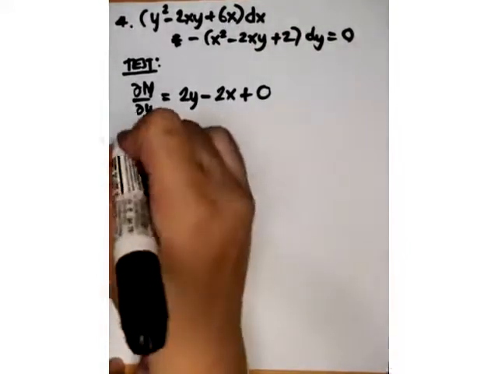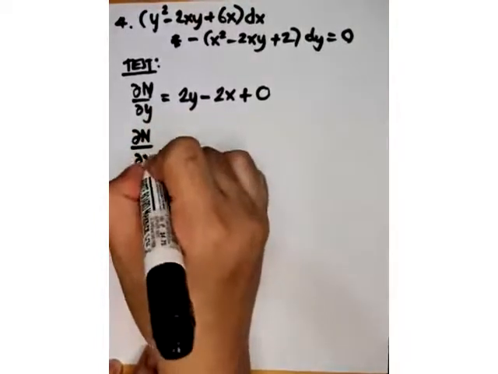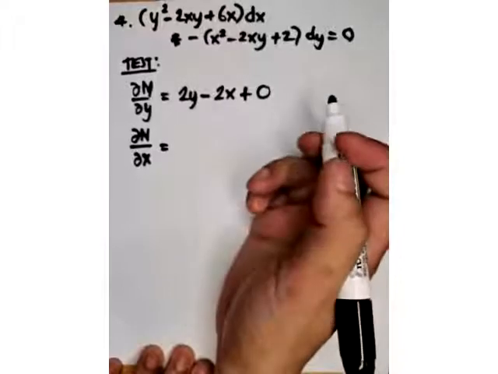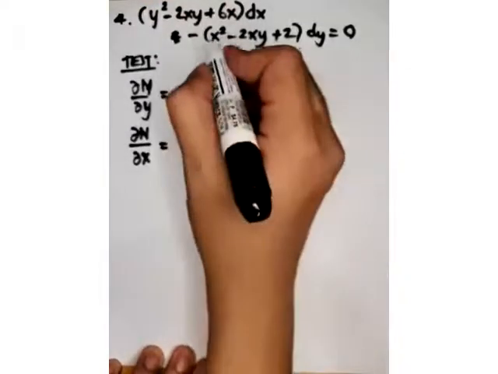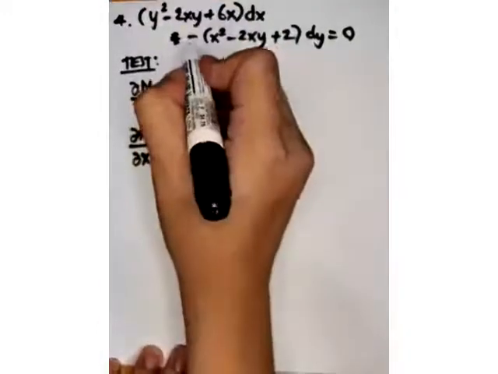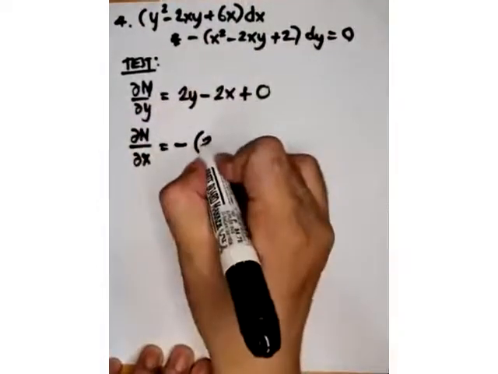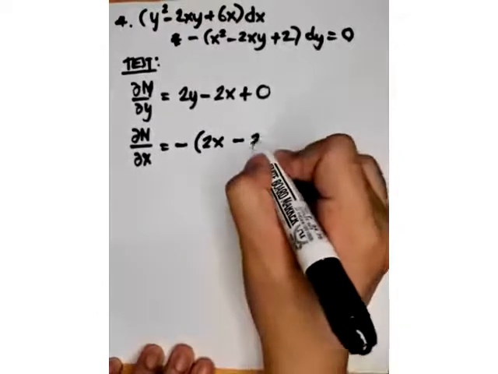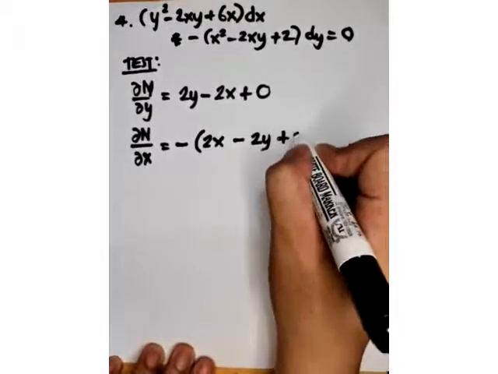Okay. Next, partial derivative of N with respect to x. So, lahat ng x ay variable, ayun yung diniderive natin. Lahat ng y is considered constant. Okay? Don't forget negative, because we had negative times quantity. 2x minus 2y plus 0.